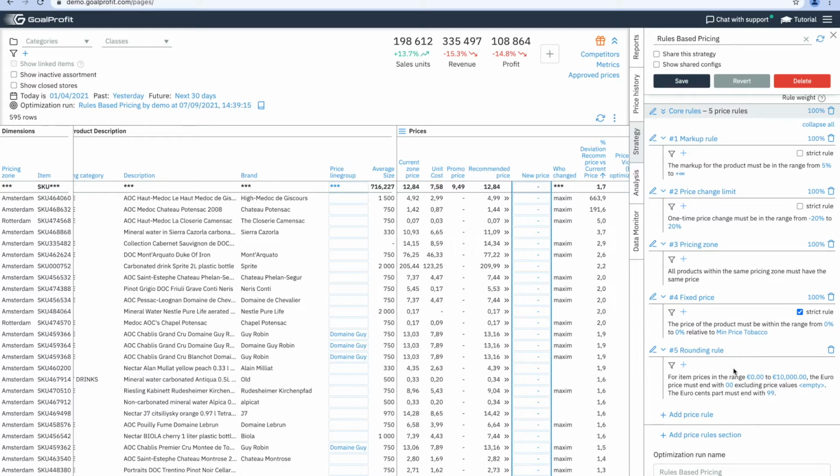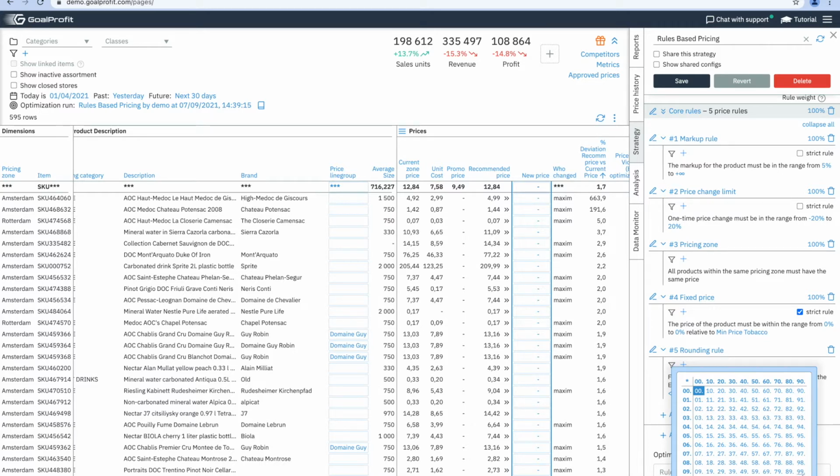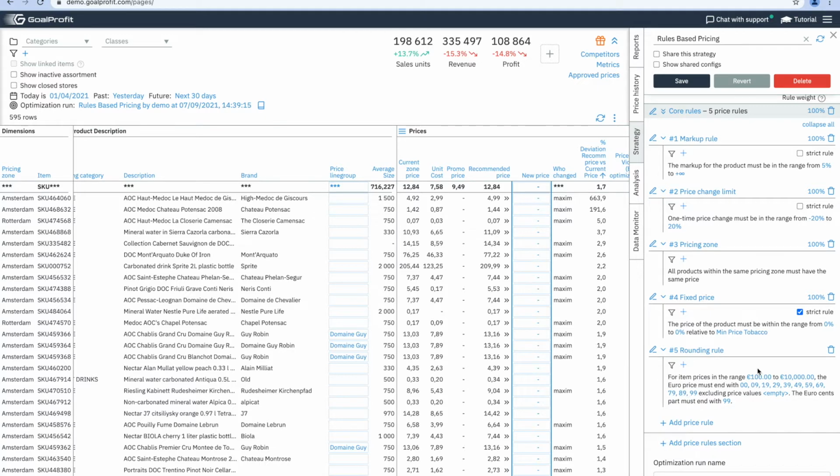In case we are discounters, we can use rounding, like we could say that in the range of 100 euros up to 10,000 euros, we want our products to end with 9999.